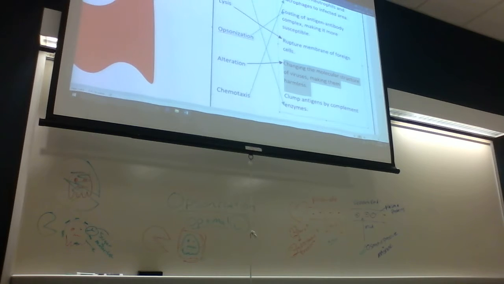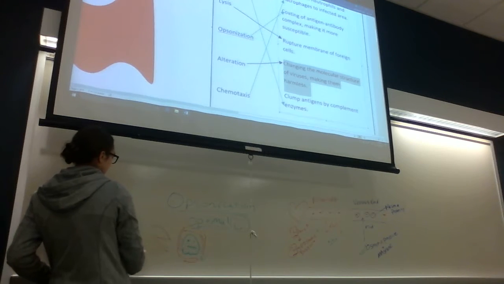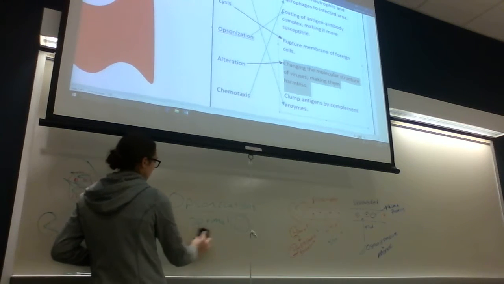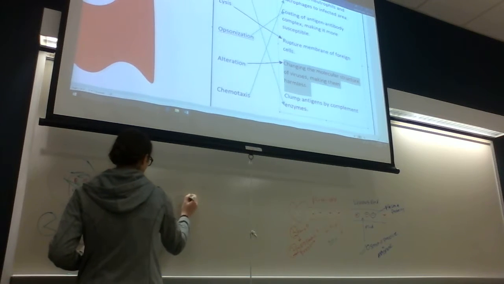The last thing we have is chemotaxis, and that's at the very top over here. And chemotaxis is basically what I drew up here with the two people. One of them says, ouch.